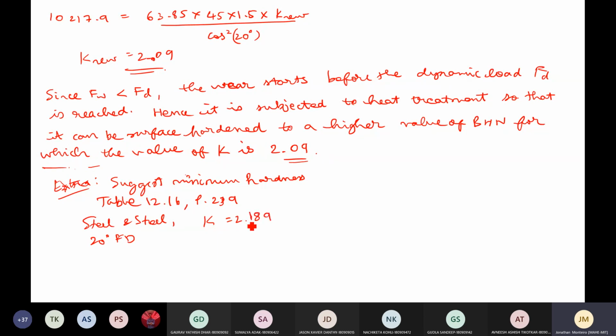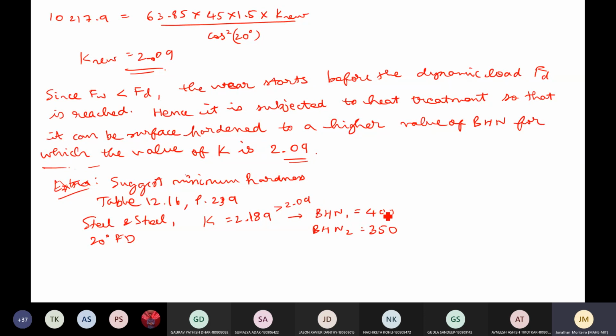And that is possible with BHN1 as 400 and BHN2 as 350. It is just above, 2.189, which is just above. So this value is slightly greater than 2.09, which is required.